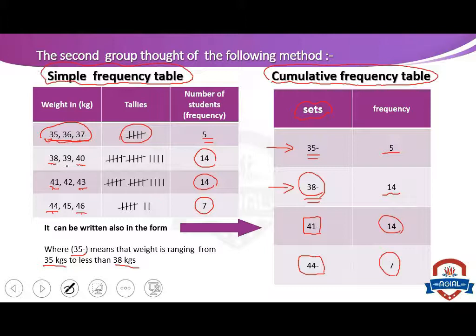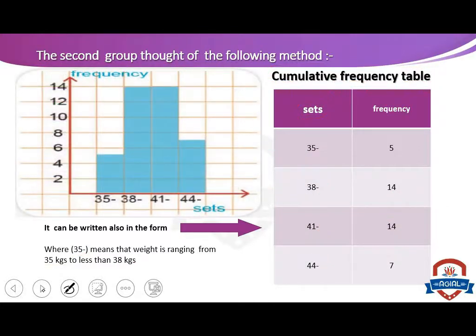But how can we represent the data in the cumulative frequency table using a bar graph? We can represent these data using this bar graph. In this bar graph we have the horizontal axis to represent the sets, and the vertical axis to represent the frequency. For example, the first set starts from 35 to less than 38.